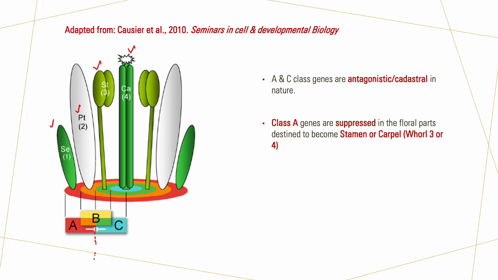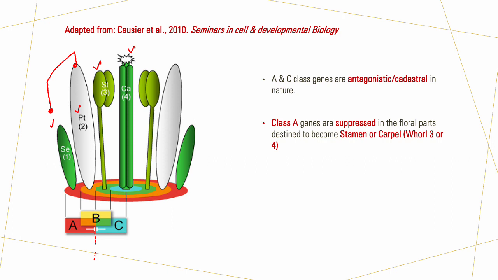B works with A, B works with C, but A and C are considered enemies of each other. So in whorl number 1 and 2, only class A genes are activated. Class A gene actually gets activated first, and the class A gene suppresses the class C genes in whorl number 1 and 2.